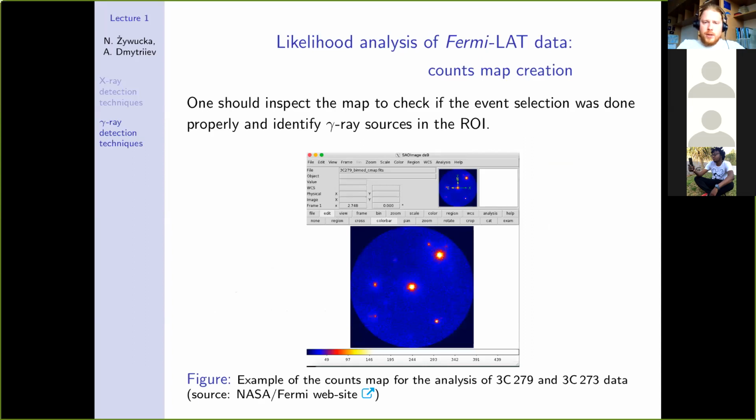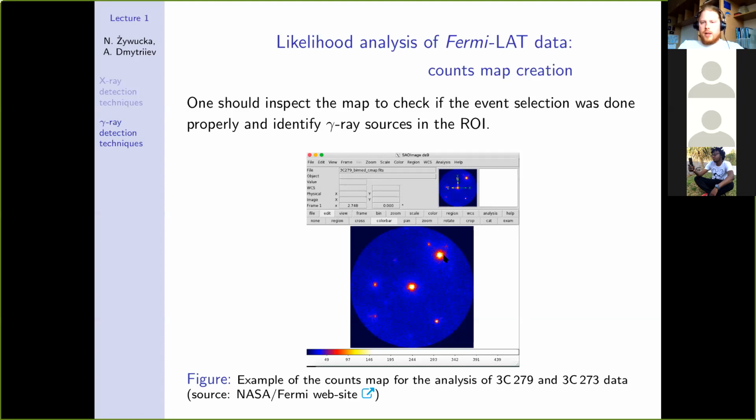And so this is how it typically looks in DS9. DS9 is the software which allows you to open the FITS files as maps, and we will do that on Tuesday. We will play with DS9. This is an example of a region of interest, which contains two sources, 3C279 and 3C273.